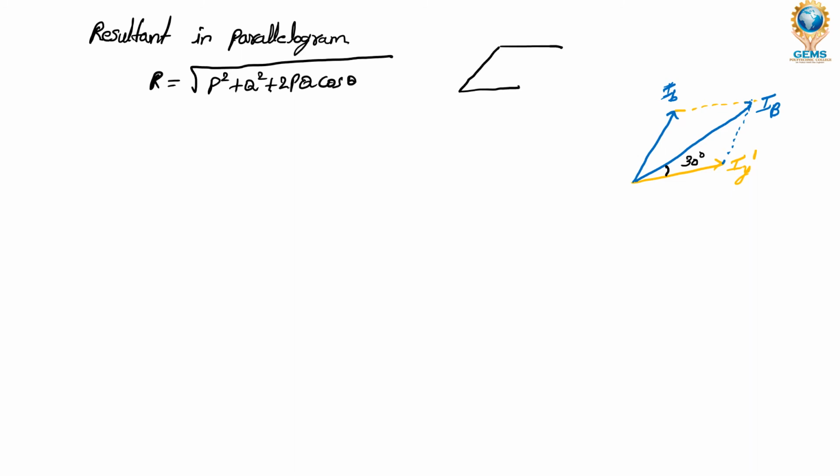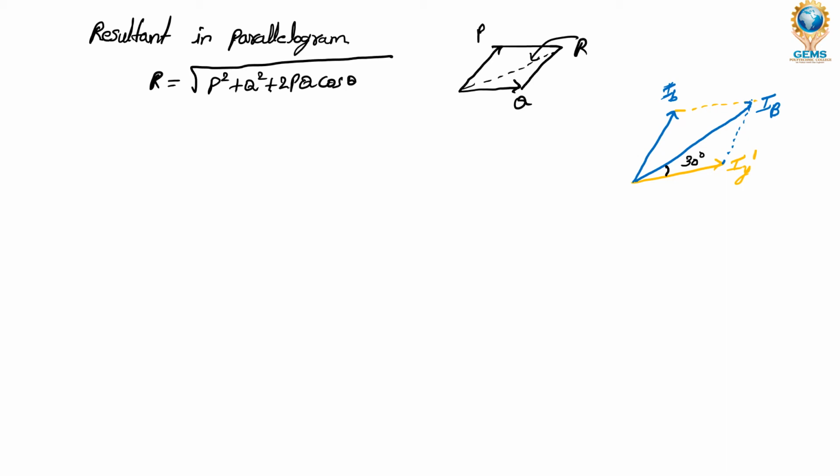This is the parallelogram which I am discussing. This is the resultant, and this vector is p, this vector is q. Now we are going to apply this here.